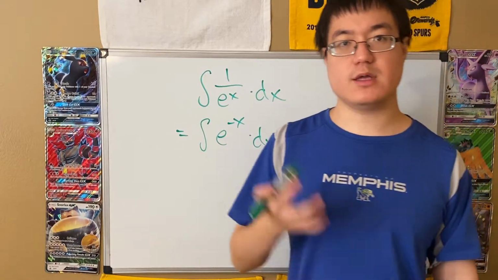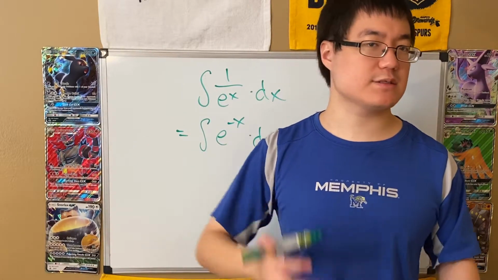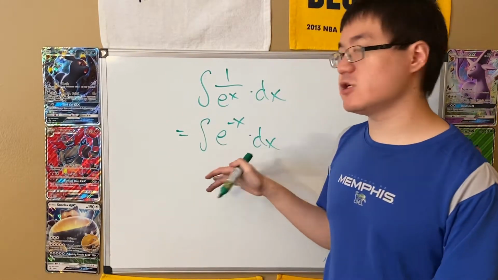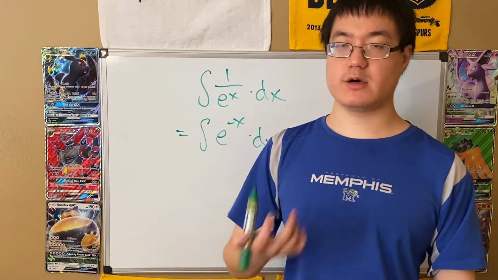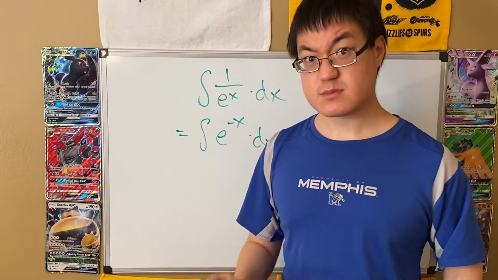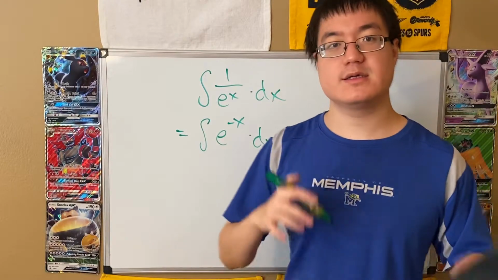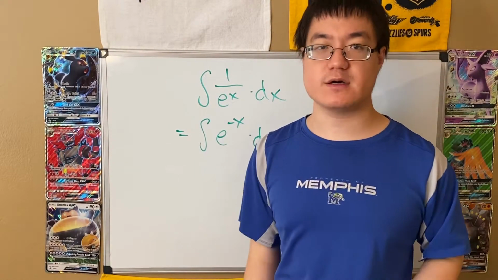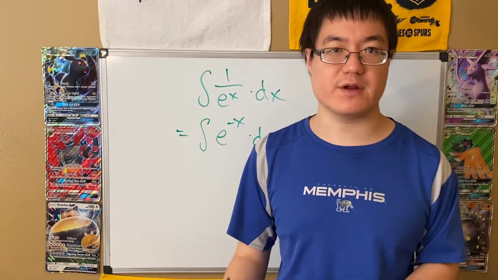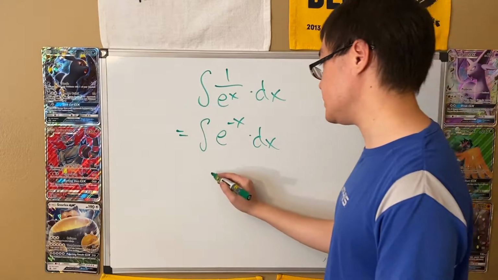You don't chain rule e to the x, or sine of x, cosine of x, tan of x, 5 to the x, but you start chain ruling things like cosine of x squared, or tangent of secant x, or e to the ln of 5x, or even sine of negative x, cosine of 2x. As long as I'm changing that inside function and the inside function now has a derivative that's not just 1, you have to u-sub. So let's u-sub this pretty easy example.